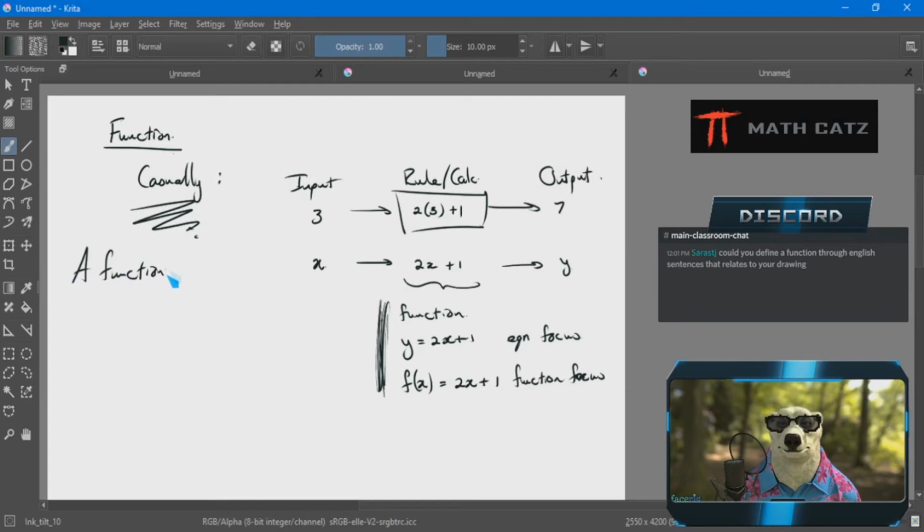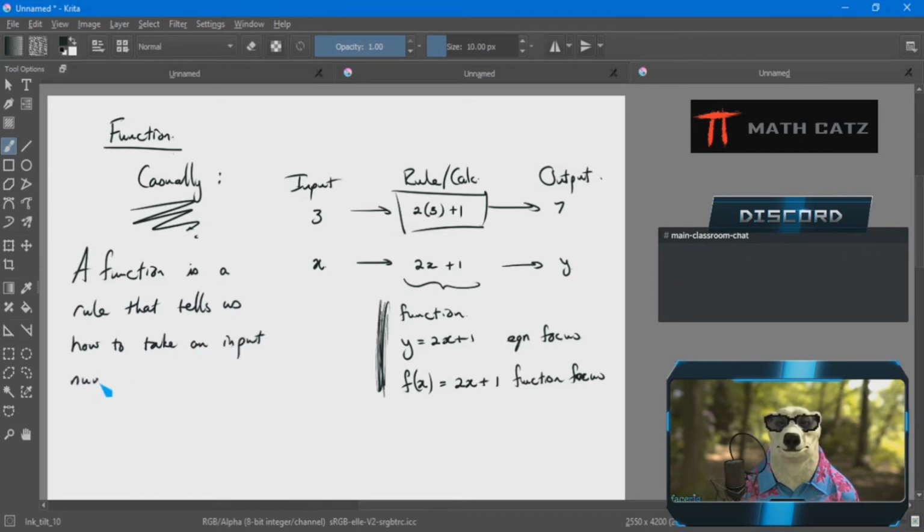A function is just a fancy name for a rule that tells us how to take an input number or two to calculate, let's say, a corresponding output number. I want to be concise and efficient in my wording. That's good enough, I think. But let me know if that doesn't make sense.